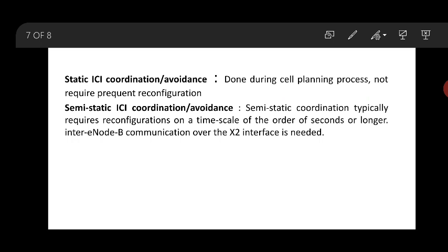This information is exchanged between the neighboring E node B's, such as transmission power and the traffic load on different resource blocks. This is how the operation to avoid ICI is done.